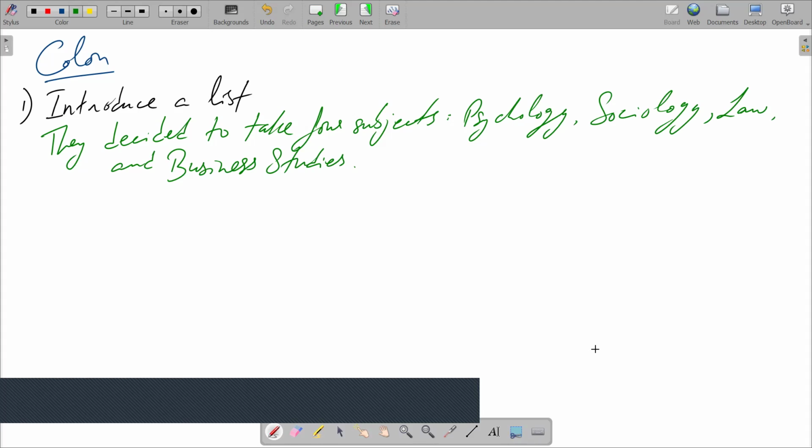They decide to take 4 subjects, and obviously what we're concerned with over here is the colon, which is giving the list. We've already talked about the comma, which is separating items in the list, right? And so you're doing psychology, sociology, law, and business studies.